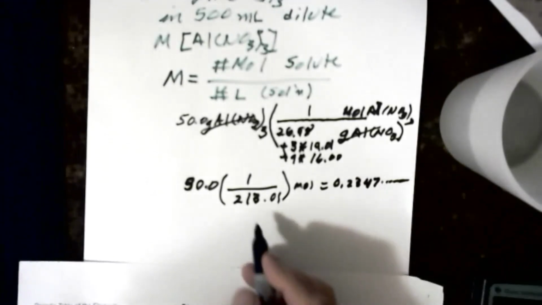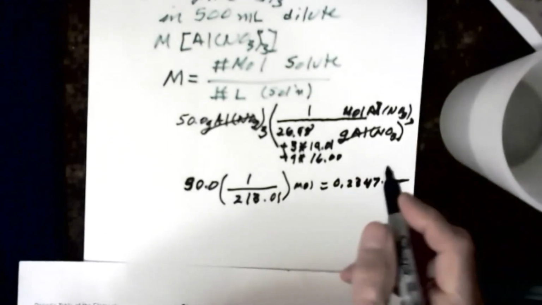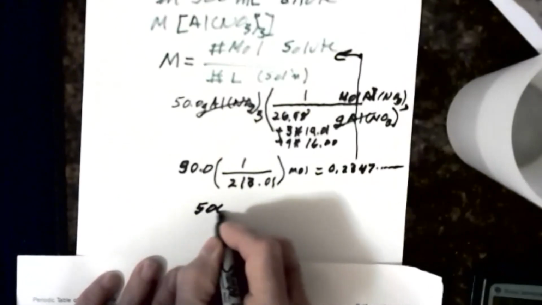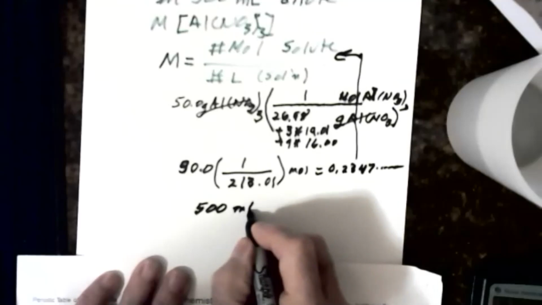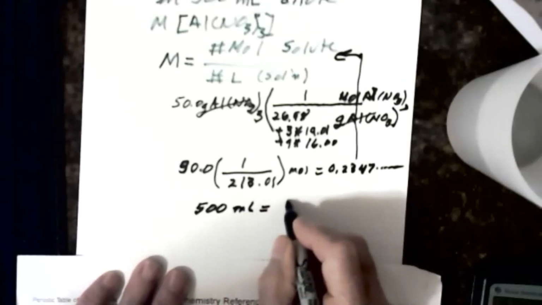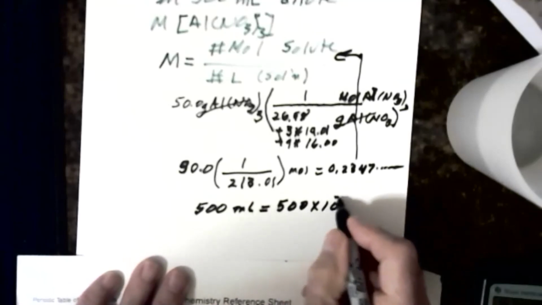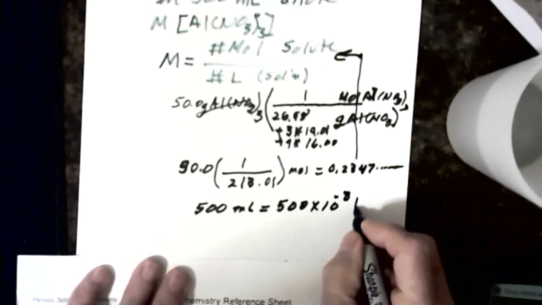And so now that's the number of moles that I'm going to plug back in to my formula up here at the top. Okay. Now, how many liters do we have? Well, it's 500 milliliters. So that's going to be 500 times 10 to the minus 3 liters.